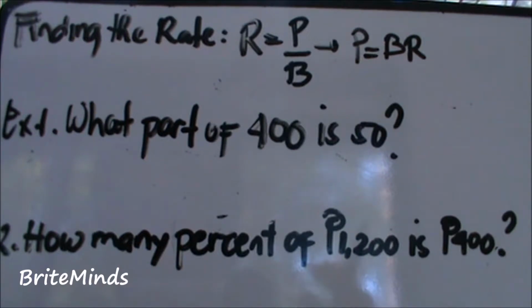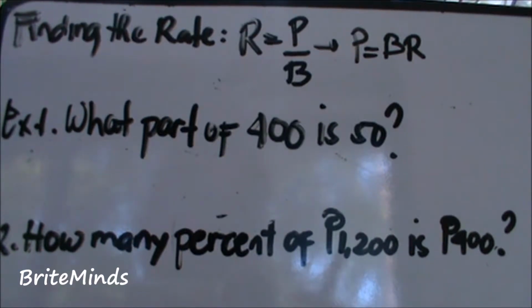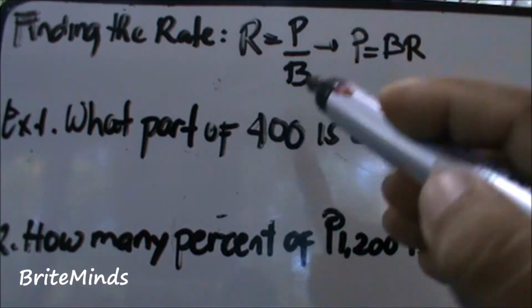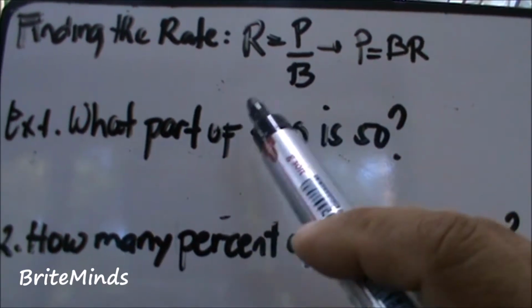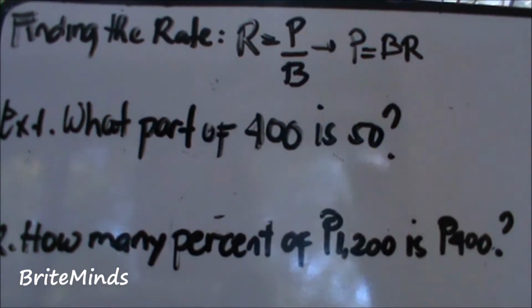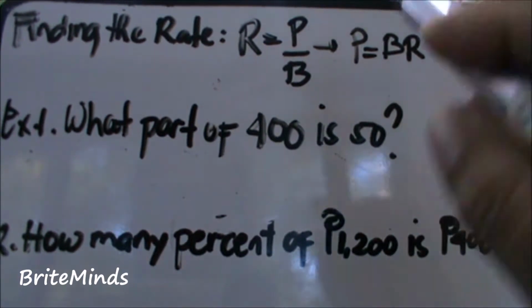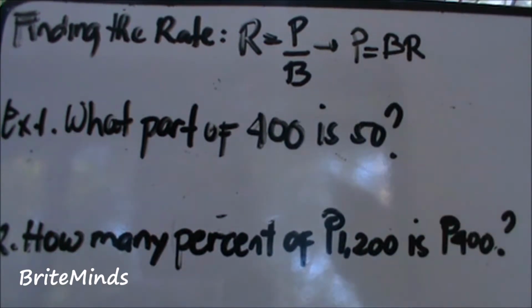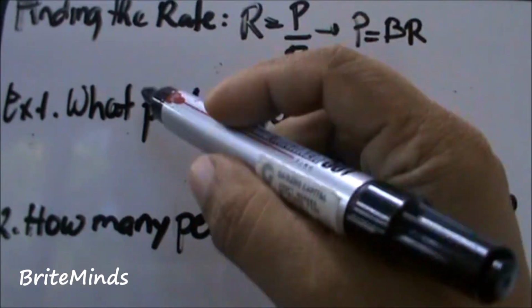I have here an example 1. What part of 400 is 50? So the question is, what is the rate? What part of 400 is 50? So we need to identify the given.